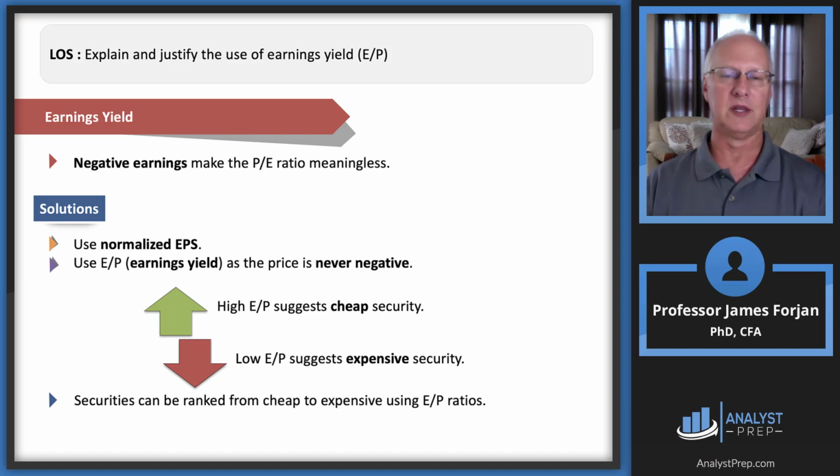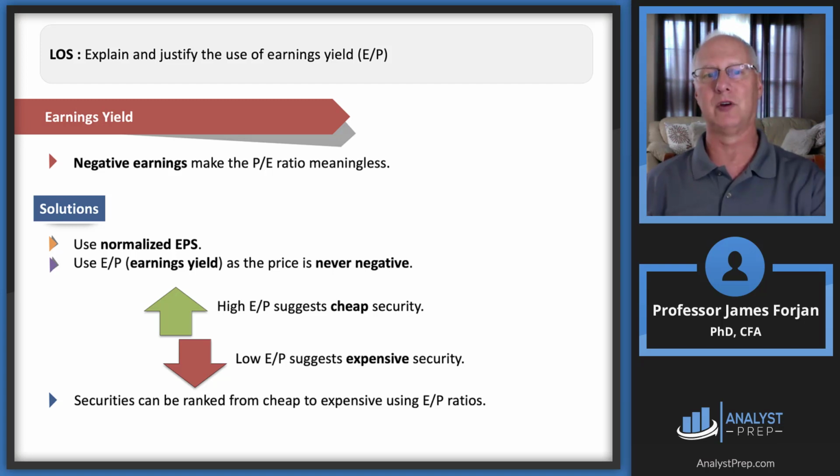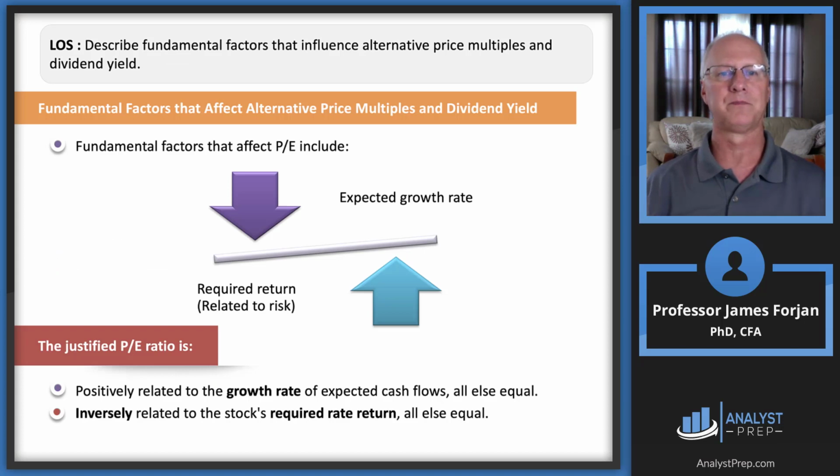Now, earnings in the denominator can still be negative, but look at the last arrow point there. Securities can be ranked from cheap to expensive using these ratios. And so you'll have positive numbers, and then you might have something that's close to zero or something that's negative down at the bottom. And that gives you kind of a relative sense of this metric.